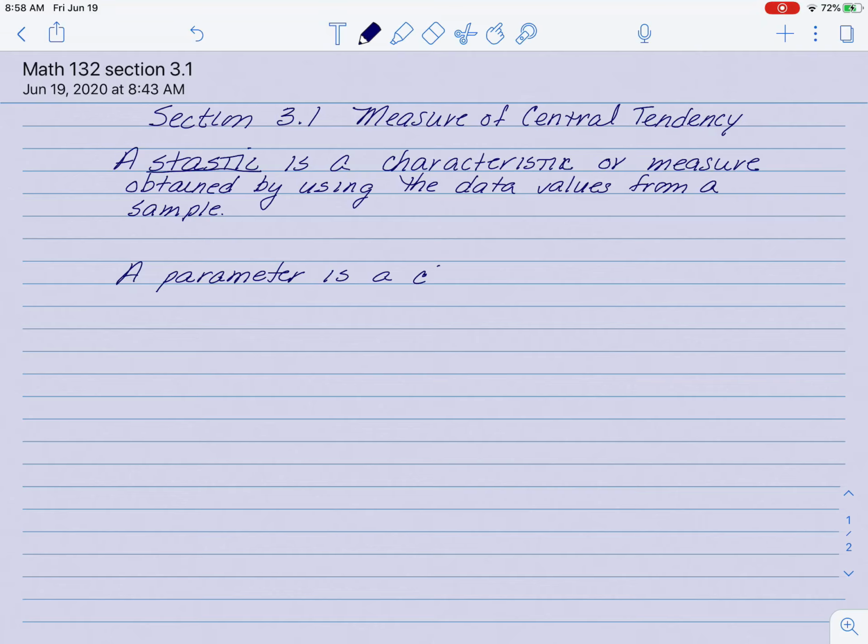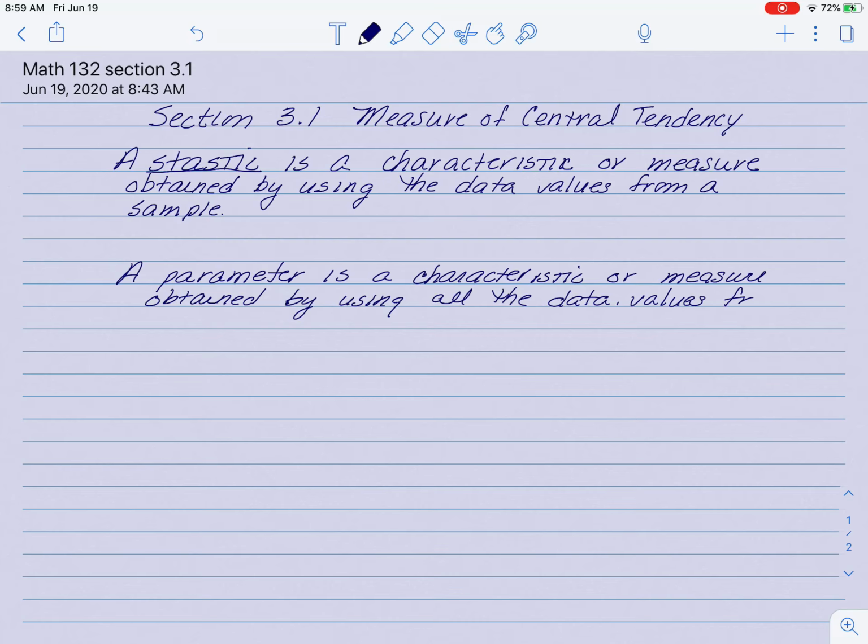Parameter is a characteristic or measure obtained by using all the data values from a specific population.